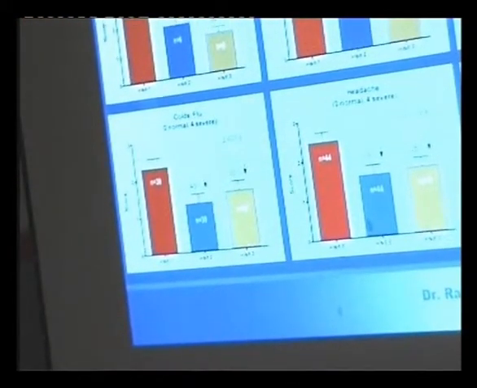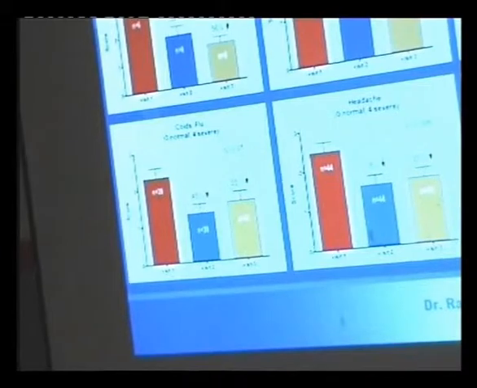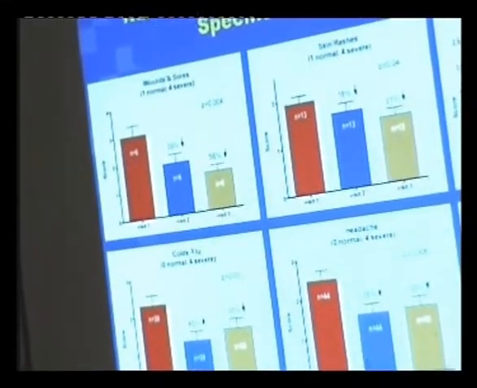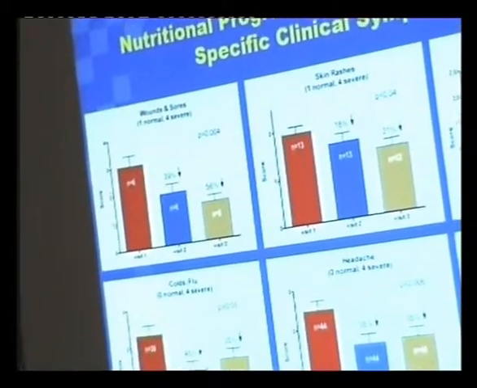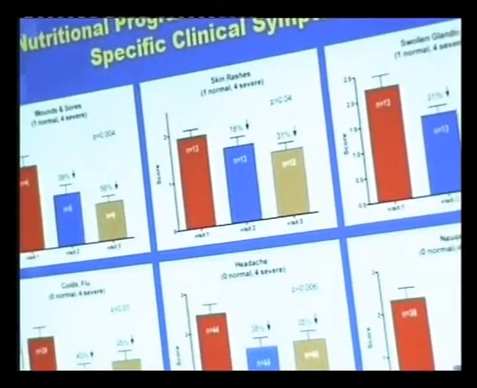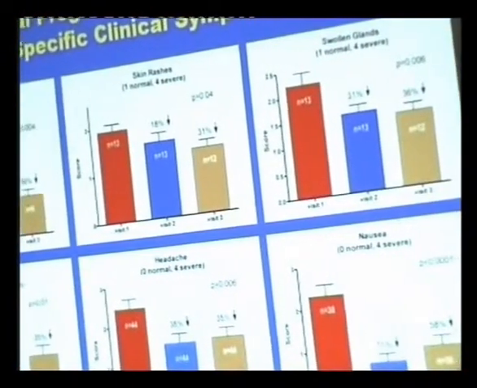A similar type of effect with other symptoms. These are the specific clinical symptoms: wounds and sores, skin rashes, swollen glands, colds and flu, headache, nausea. All of them down over a period of 10 to 12 weeks. Again, statistically significant by our analysis. Very low p-value, meaning that such an effect, if tested in a large population, may be borne out.